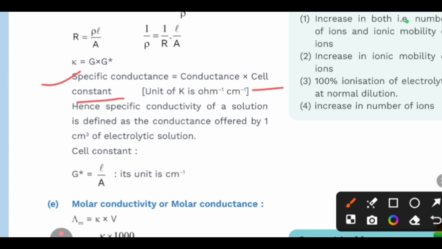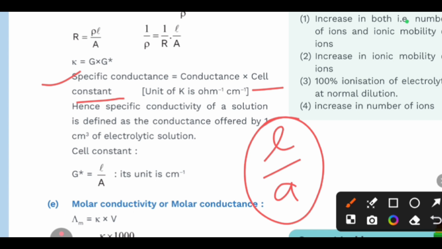What is the cell constant here? It is L by A. Why is it kept constant? Because whenever you want to find the conductance, you take a beaker in which two rods are always kept at the same distance and in a particular area. So the length and area are constant. That's why L by A is called the cell constant.